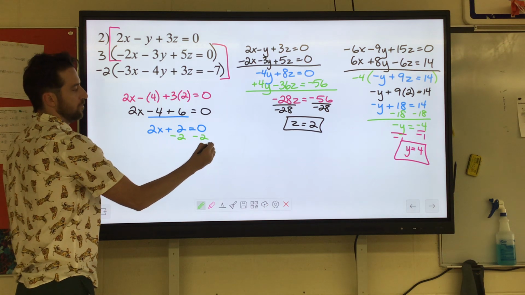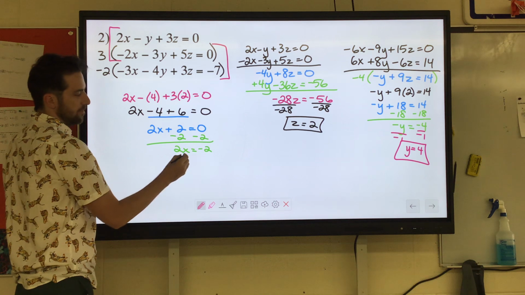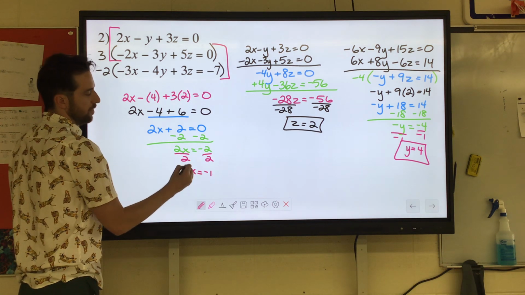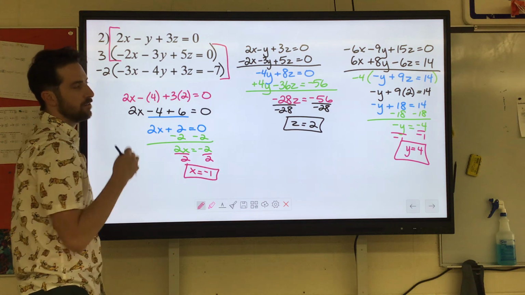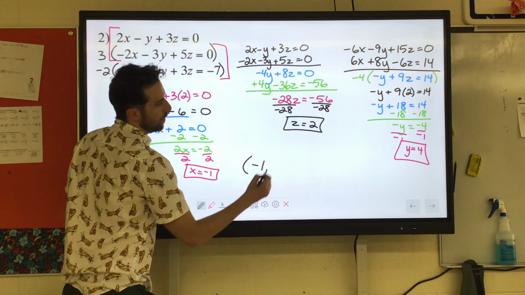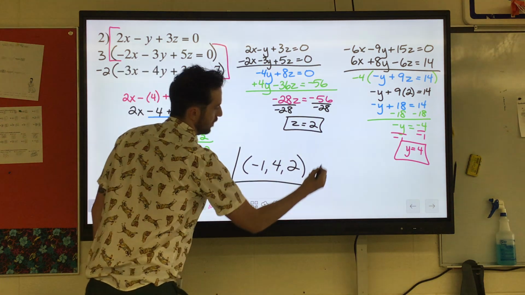Subtract our 2. 2x equals negative 2. Go ahead and divide it by 2 on both sides. X equals negative 1. We'll just put them in alphabetical order. X, Y, Z. X was negative 1. Y was 4. Z was 2.